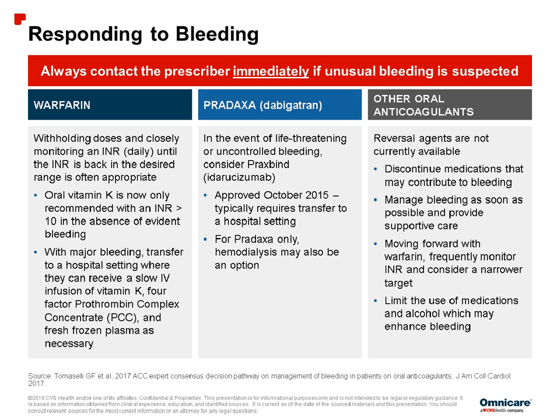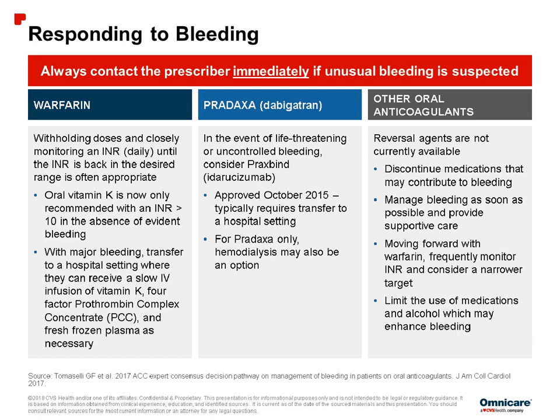Until more recently, there were no antidotes or reversal agents for the DOACs. But in October 2015, the FDA approved Praxbind, idarucizumab, for use in the event of life-threatening or uncontrolled bleeding due to Pradaxa. Typically, because of its high cost and storage requirements, Praxbind will also require a transfer to the hospital setting.